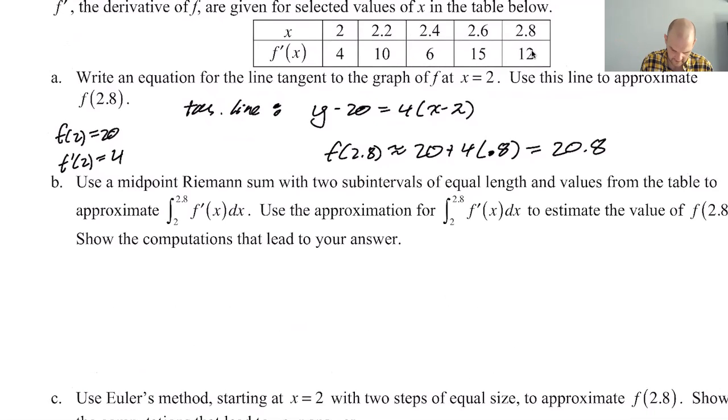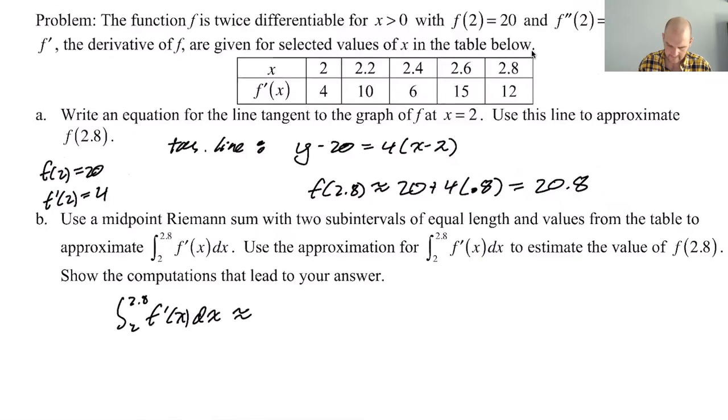All right. The integral from 2 to 2.8 of f prime of x dx is approximately, because it's only an approximation. So what are we doing? Two subintervals, midpoint Riemann sum. If we go from 2 to 2.4, that's 0.4. And then the midpoint is here, so the height there is 10.